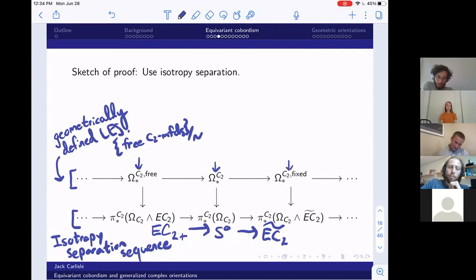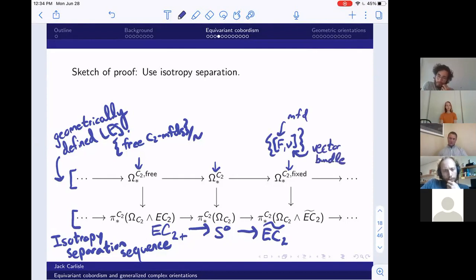And finally, here we have the so-called fixed point bordism ring. Elements of this ring are pairs F, nu, where F is a manifold and nu is a vector bundle on our manifold. And we can define cobordism of pairs like this in a very natural way. Maybe I won't dwell on that, so we have time to make it through everything we need to cover.